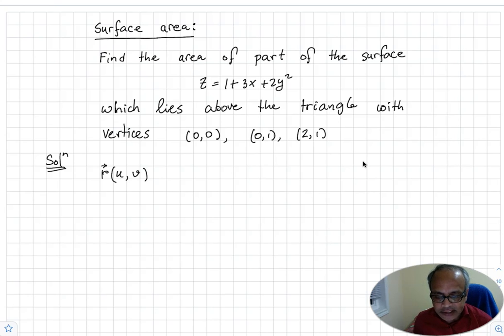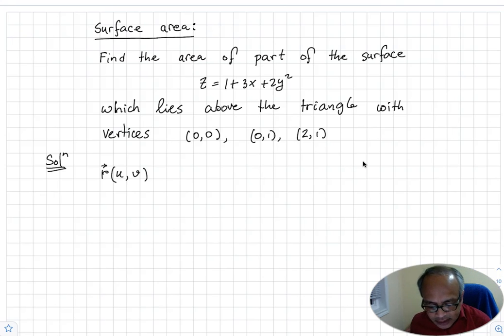If we are using cylindrical or spherical coordinates, the easiest way is to use two parameters in English letters, u and v, instead of r and theta. Basically, in this example we are not using cylindrical or polar coordinates.